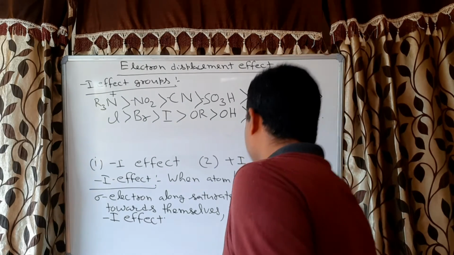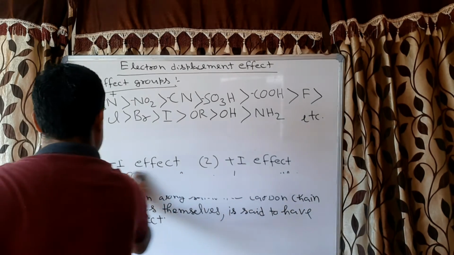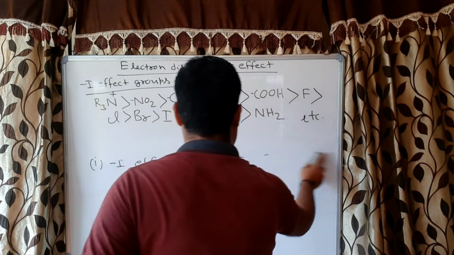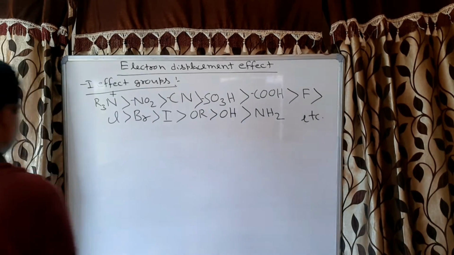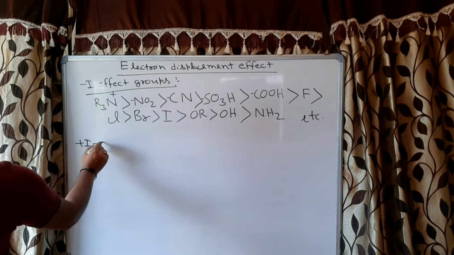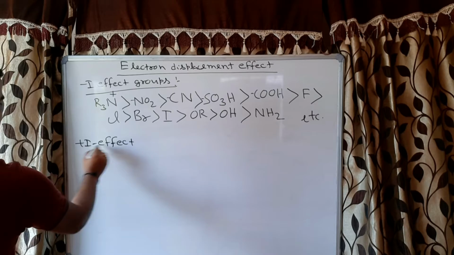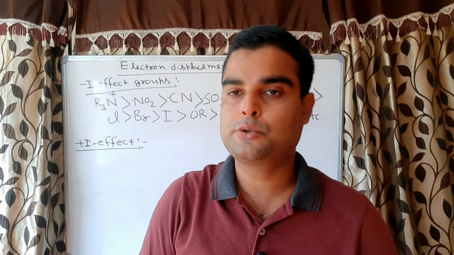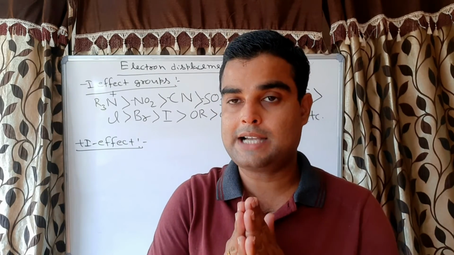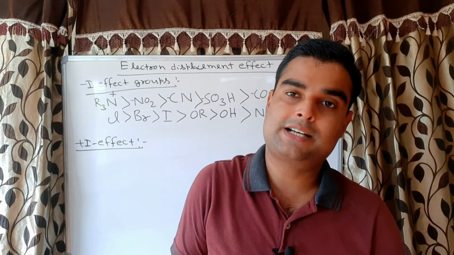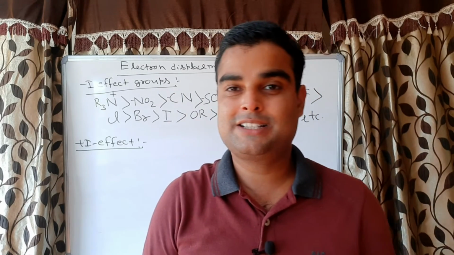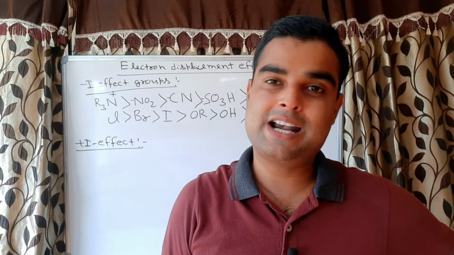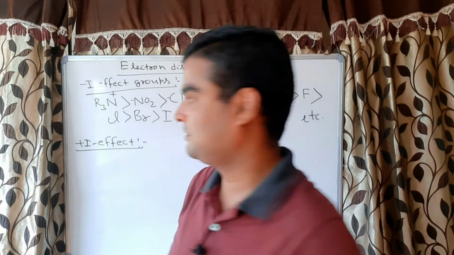Now come to the plus I effect. Just opposite to the minus I effect, correct or not? Plus I effect: when atoms or groups are attached to the saturated carbon chain and those groups or atoms are donating electrons along the saturated carbon chain away from themselves, then they are said to have plus I effect.